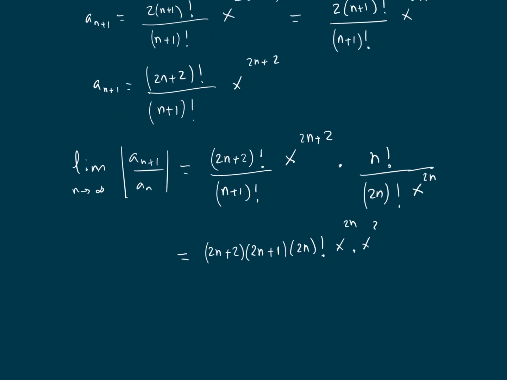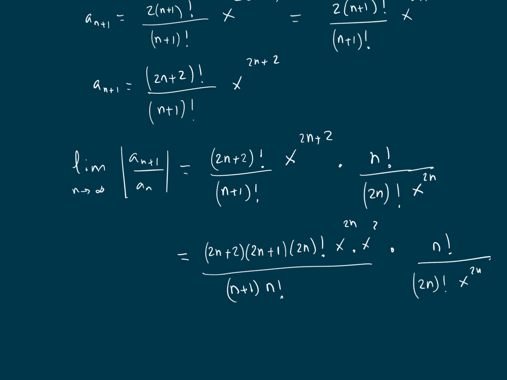So it will be divided by n plus 1 factorial. n plus 1 factorial is n plus 1 times n factorial. Here will be n factorial, 2n factorial, x to the 2n.